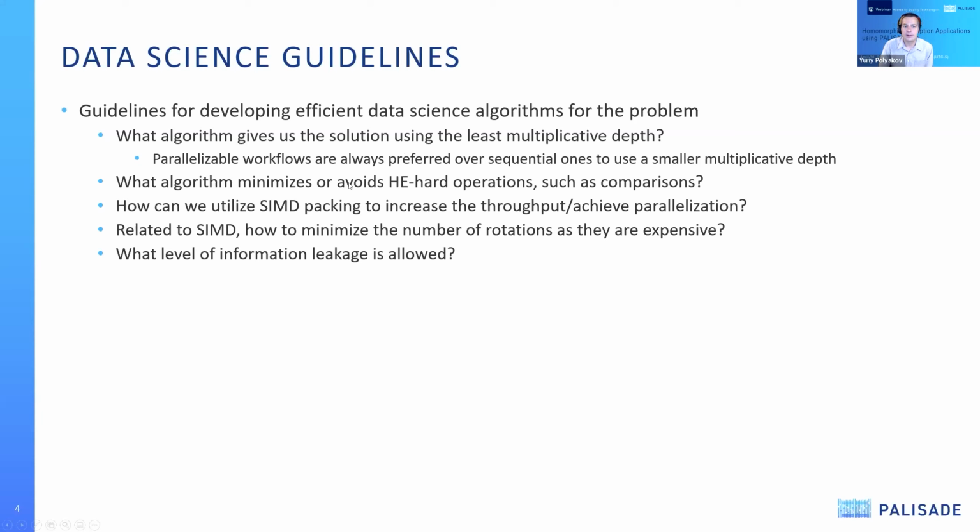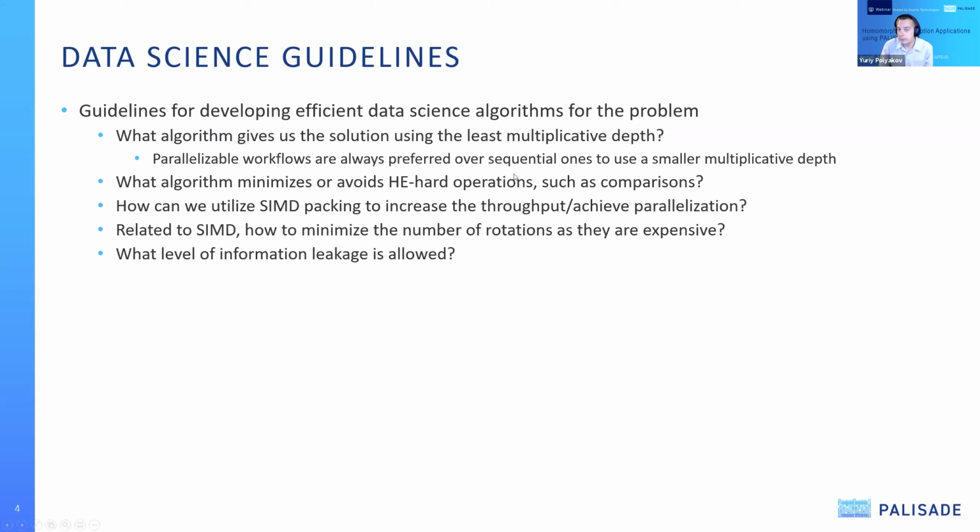Then another consideration that we had when designing those algorithms is what algorithms minimize the operations that are challenging for homomorphic encryption. When we say challenging, I mean they require extensive computational resources and a lot of runtime or storage.